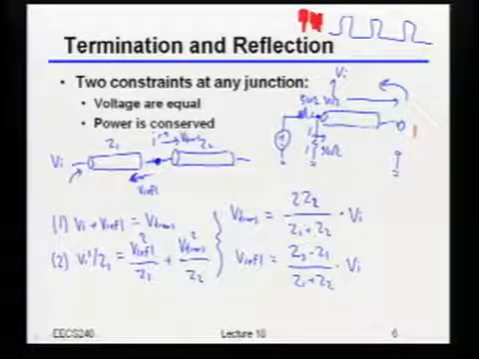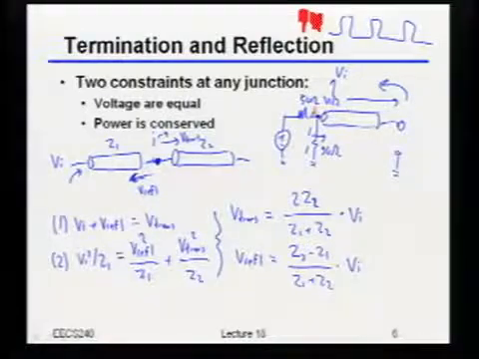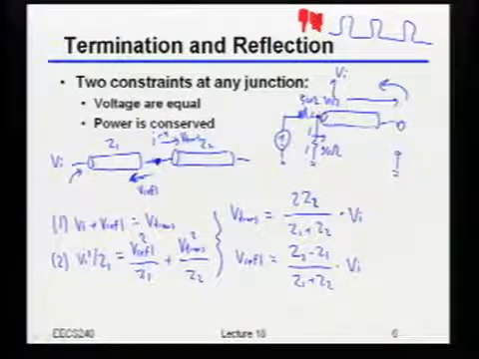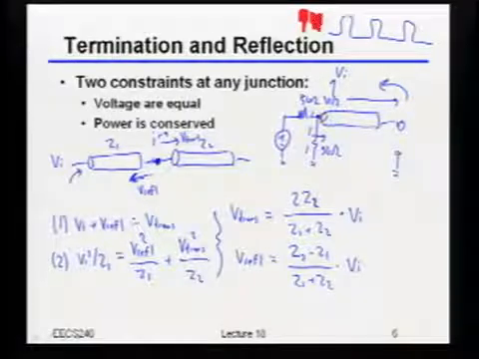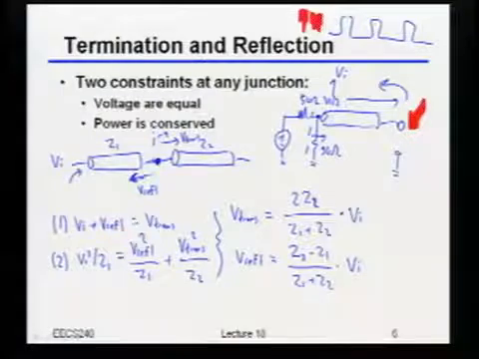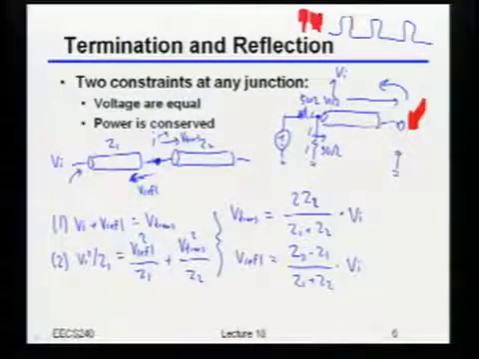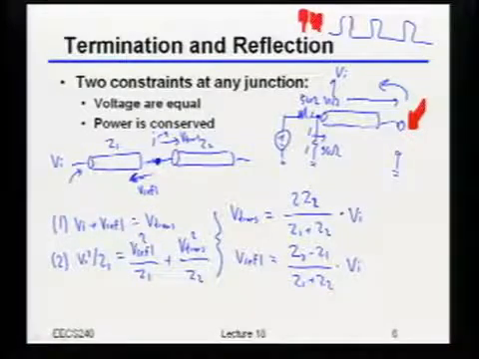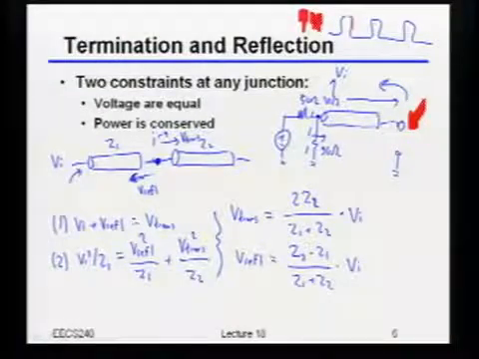But if initially I think I'm transmitting one thing, and then it comes back and I actually ended up transmitting something else, I can get some very weird looking waveforms. That won't exactly be what I transmitted, so I may not actually receive what I intended to send, okay?